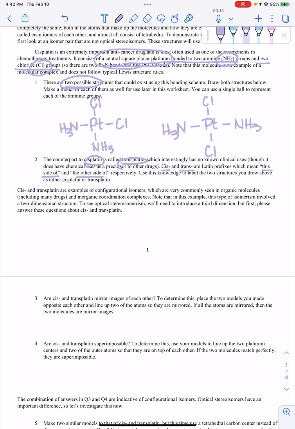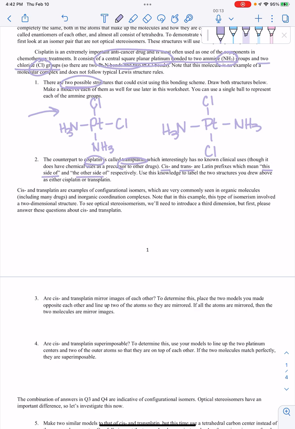And so since we only have two different types of groups attached to the central platinum atom, we can look at either one of them, because on this left molecule, we have the two chlorines adjacent and the two amine groups adjacent. And then the opposite is true here.